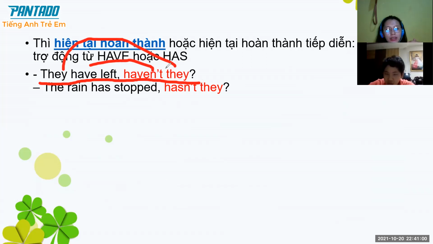Haven't they? We just write not. The rain has stopped, hasn't it? We use has and write not. It's not they, it, because we're talking about the rain.